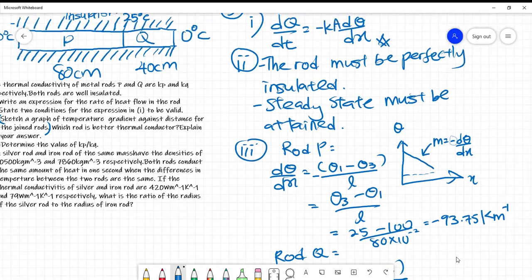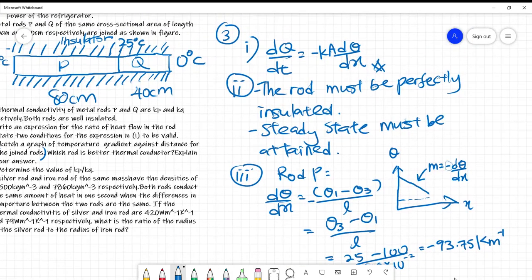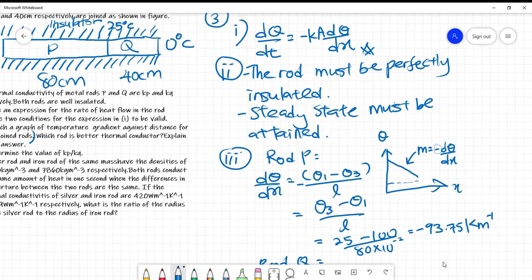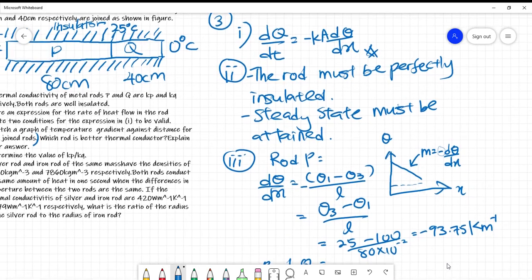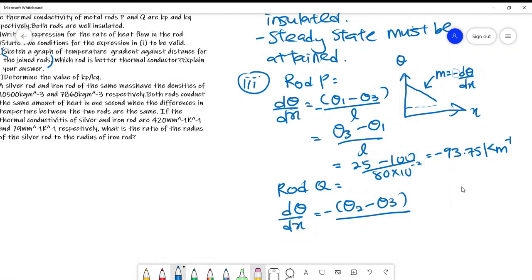Let me check. Alright, theta 1 minus theta 3. Okay, so this one shall be theta 3 minus theta 1. My mistake again. So this one should be 2 and this one should be 1.